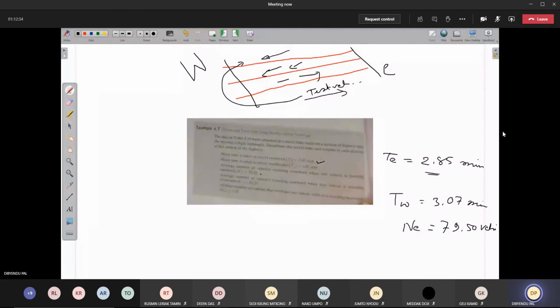Then average number of vehicles traveling eastward when the test vehicle is traveling westward. In this case, the test vehicle was traveling in the west direction. This is the test vehicle, and the number of vehicles were counted in the east direction.